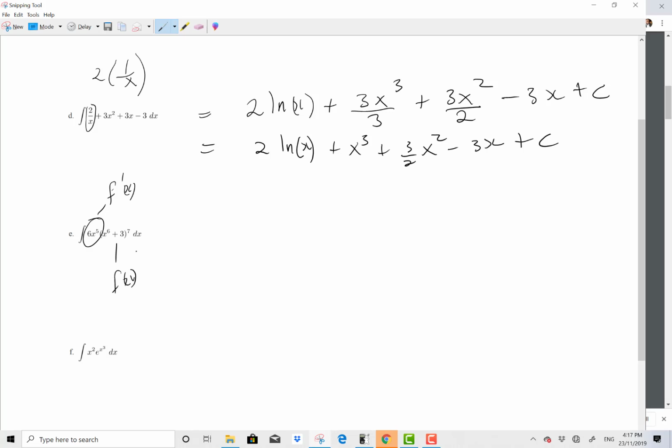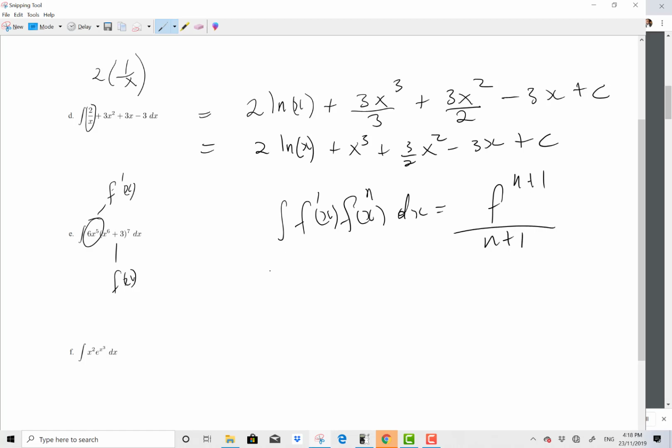So if I need to integrate f prime of x times f to the n of x, I recognize f of x is right there. What I simply need to do is yield the result, f to the n plus 1 divided by n plus 1.